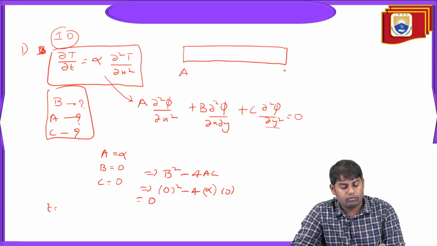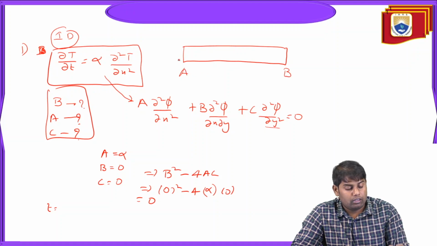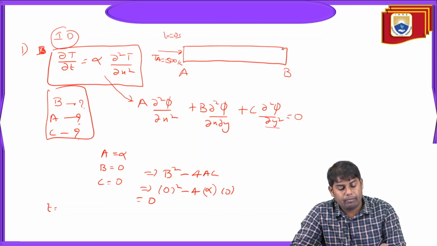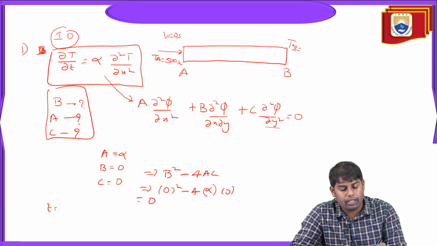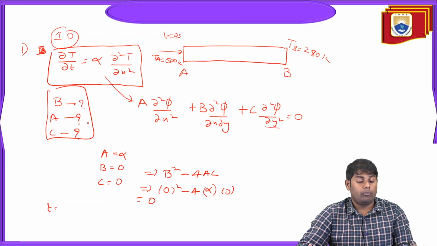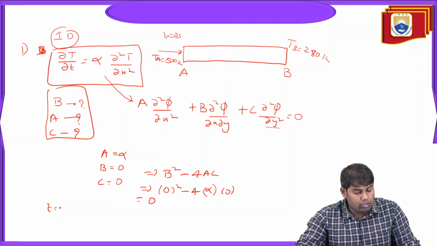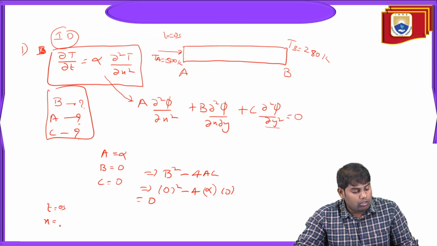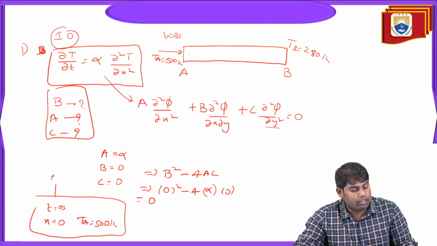This is A and this is B. We apply a temperature T of A, let's say 500 Kelvin here at t equal to 0 seconds, and at the same time, at point B, TB is, let's say, 280 Kelvin. So at x equal to 0, T of A is equal to 500 Kelvin. This is initial condition 1.